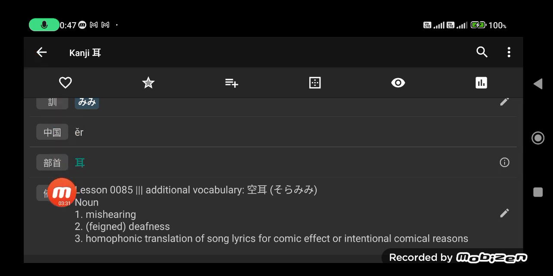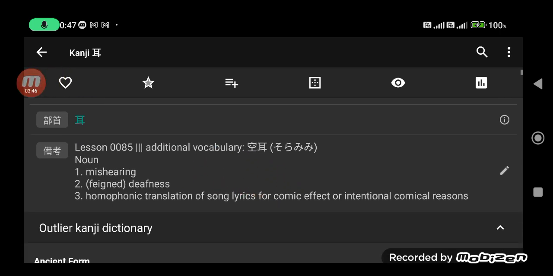So our subject kanji, minasan, is also a radical and a component. And this is our lesson 85, minasan. And we have here an additional vocabulary, soramimi. You can see that I've placed a definition for soramimi. It's a bit of a non-basic word that you can derive out of our subject kanji.